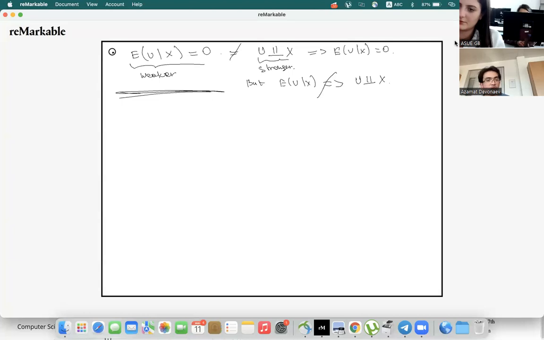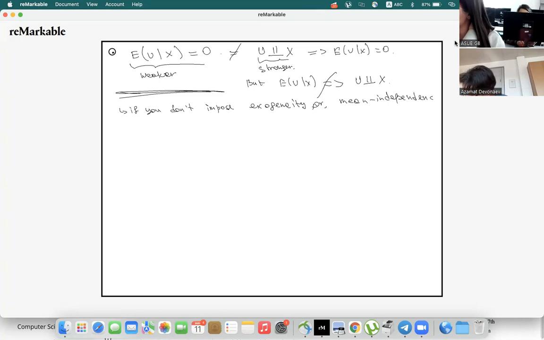And the reason why we do it is because if you don't impose exogeneity or mean independence, or orthogonality of means, zero mean independence basically, you don't have a causal interpretation. Let me say causal relationship.